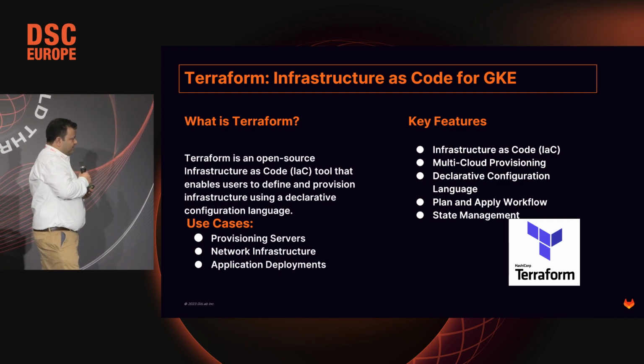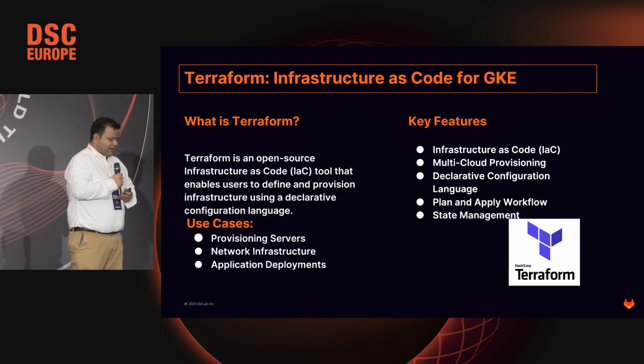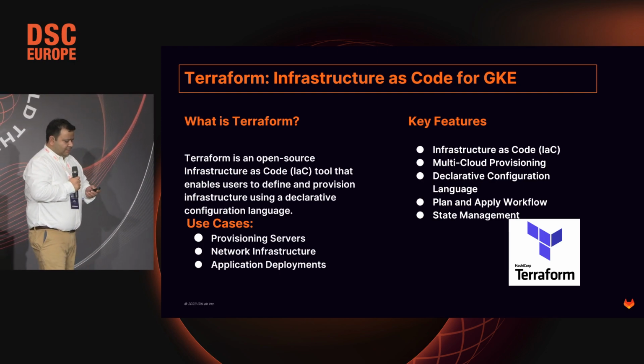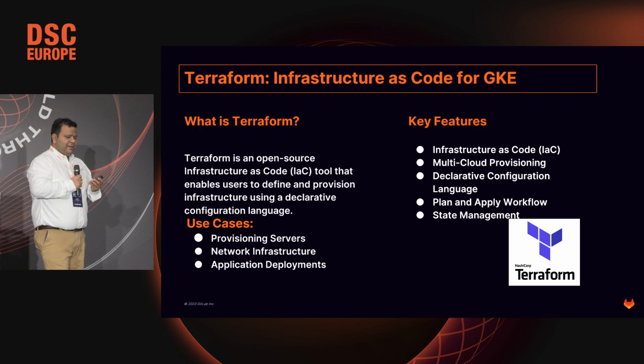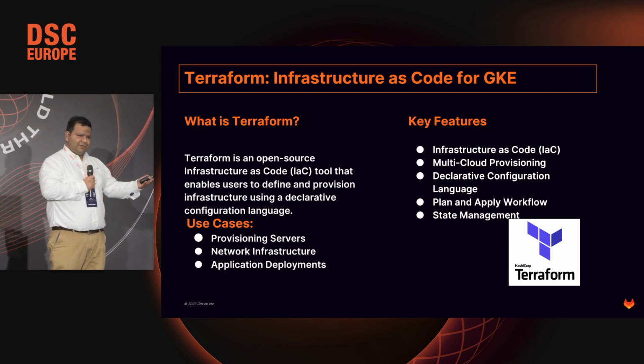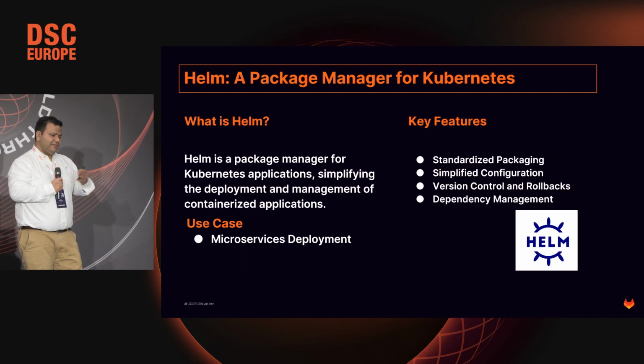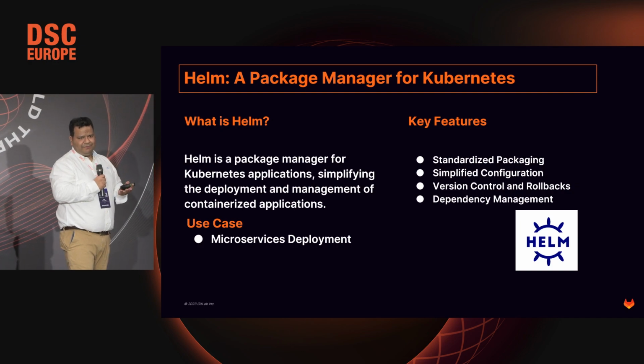Coming to the use cases, it's provisioning servers, network infrastructure, application deployments. It's used for everything, but we have extended it a little bit. We can install Airflow using Terraform without Helm, but we used Helm, a package manager for Kubernetes, because it makes our life easier.